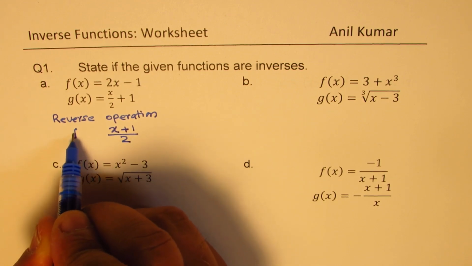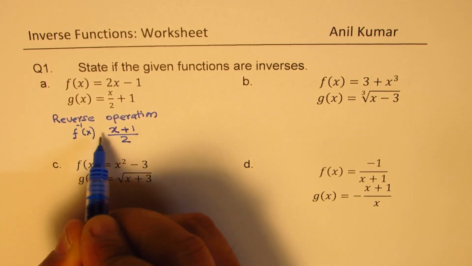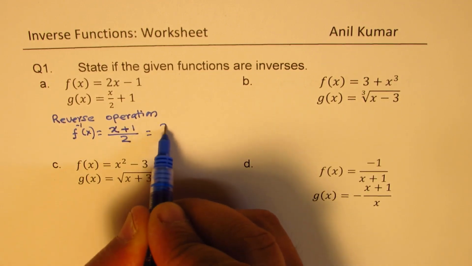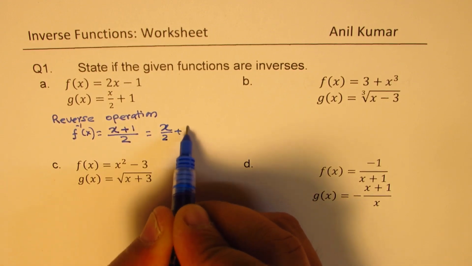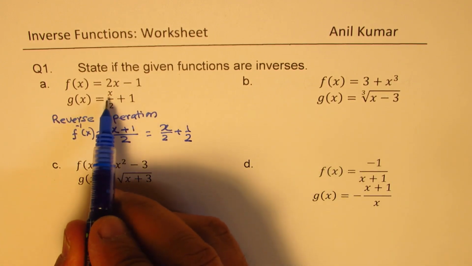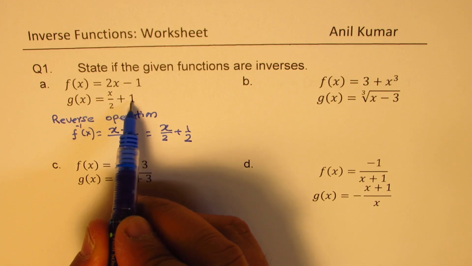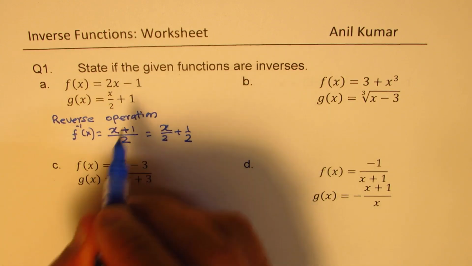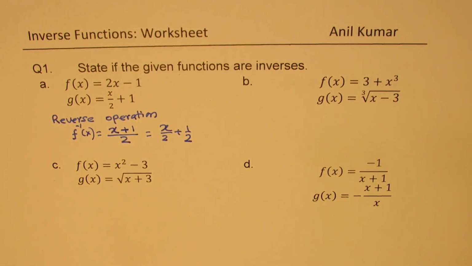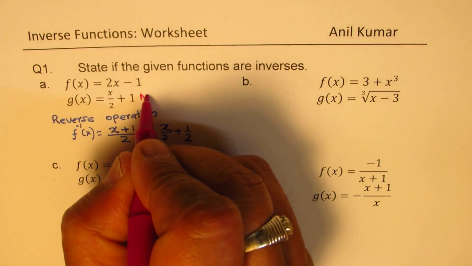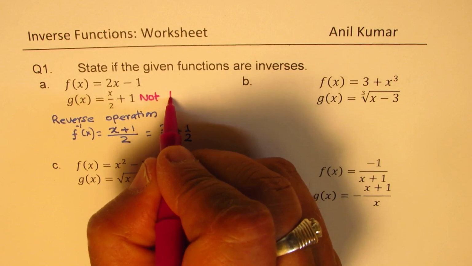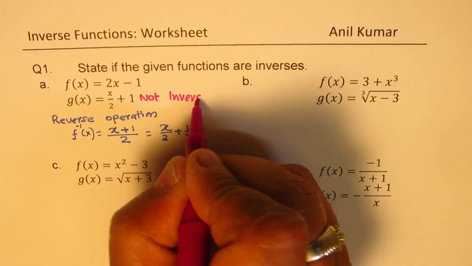So that should be the inverse, right? Which will give you x by 2 plus half. So in this case we have x by 2 plus 1, so it is not an inverse, right? So let me rewrite this as not an inverse. Clear?